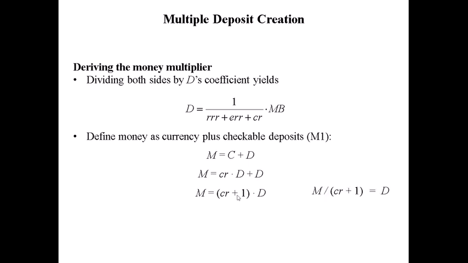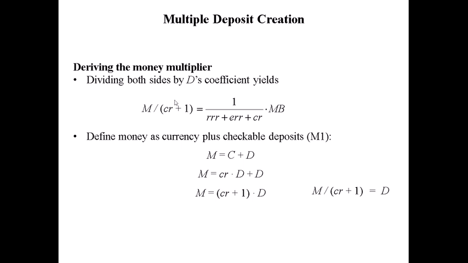Now if we solve this for D, we divide both sides of this equation by CR plus 1, the currency ratio plus 1. We do that over here. Now, check out this trick. We can replace this D up here with what D equals. So we got one equation, two equations. We can substitute this for D right there. Now, notice we have M divided by the currency ratio plus 1.